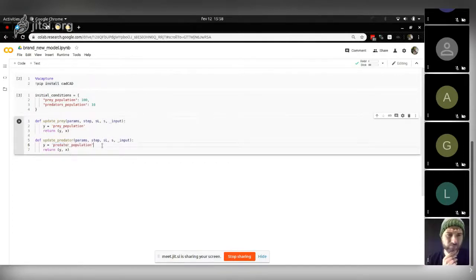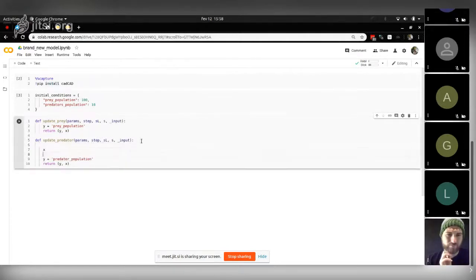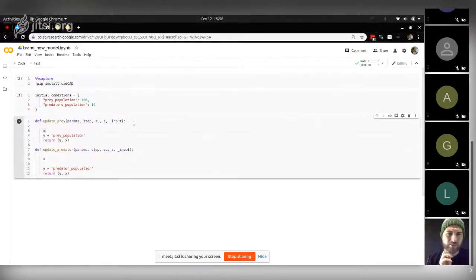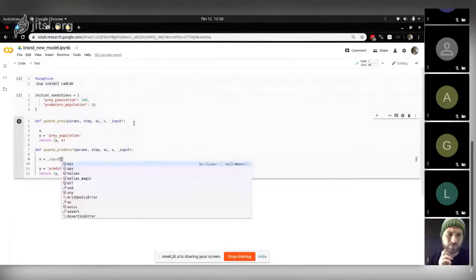At the same time, you have to define X. X is the value that the variable is going to take. So X in this case must be the input, and it will be the thing that the policy returns. I will put anything here, but we will define it afterwards.